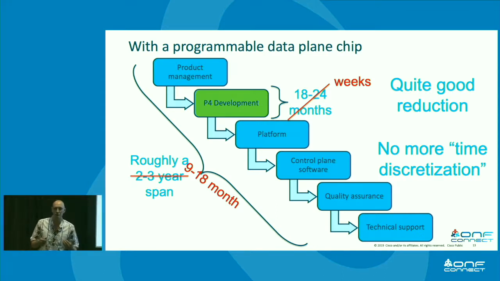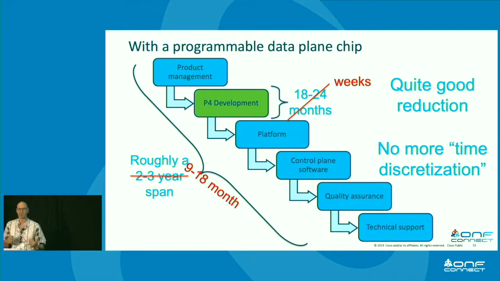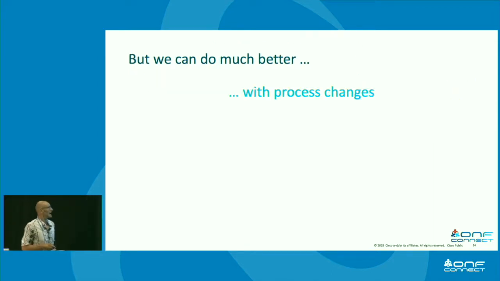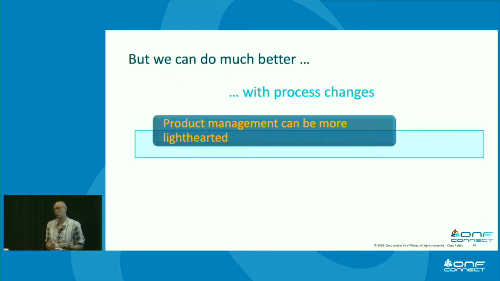So in order to really take advantage of the fact that we don't need to create a new ASIC, we don't need to wait a couple of years before releasing a new platform, it requires adapting this whole process. So first of all, if we want to do much better, we have to be a little bit, I called it lighthearted, with the product management phase, the first phase of that process.